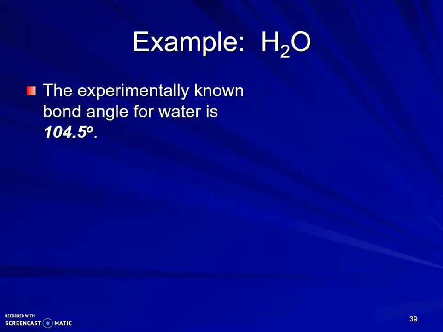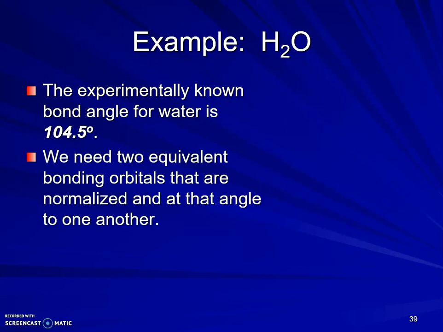So more S character gathers toward the lone pairs, and that widens their bond angle and narrows the bond angle going toward the hydrogens. So in order to describe water properly, we're going to need two equivalent bonding orbitals that are normalized and that are at that angle, 104.5 degrees, to one another.